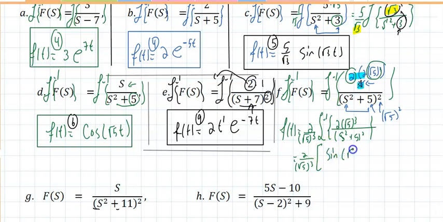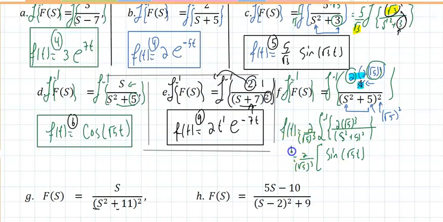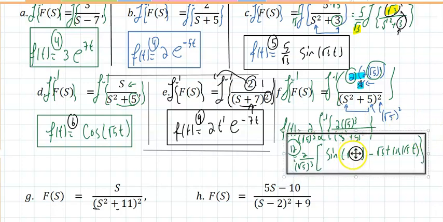Sine of a is radical 5t, minus a t, the cosine of at, that's 12, minus a t, a is radical 5t, the cosine of radical 5t. There you go. If you think this is messy, try and use the definition. Integrate this mess, and you would come to appreciate this very quickly.